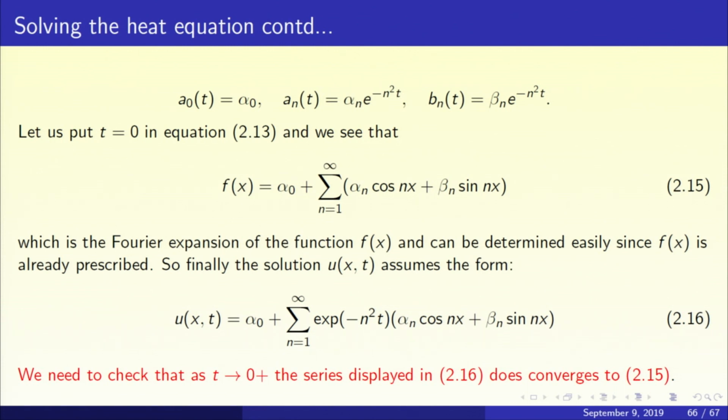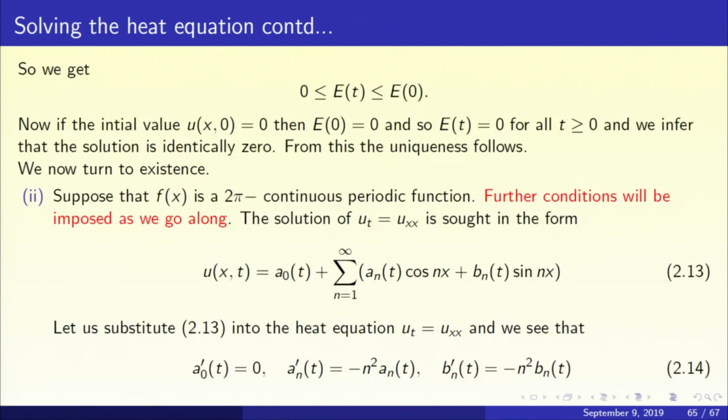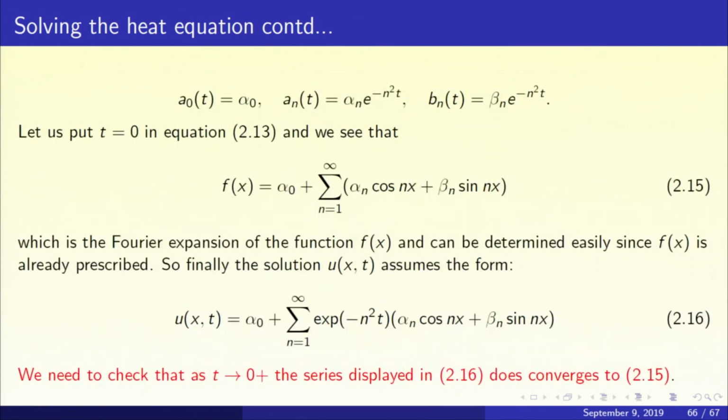So put t equal to 0 in 2.13, your u(x,0) is f(x). So what do you get? f(x) equals alpha_0 plus the summation n from 1 to infinity of alpha_n cos nx plus beta_n sin nx. Again our good old friend, the Fourier series for f(x), equation 2.15.